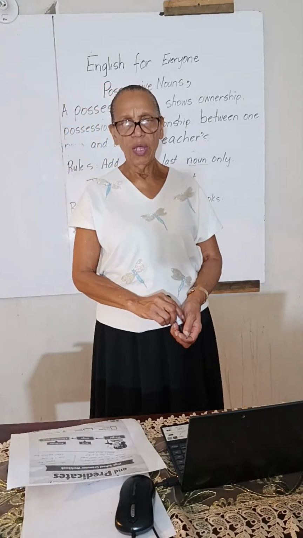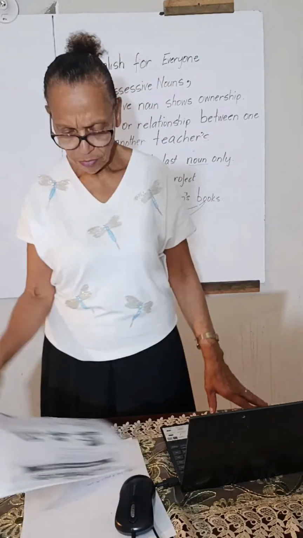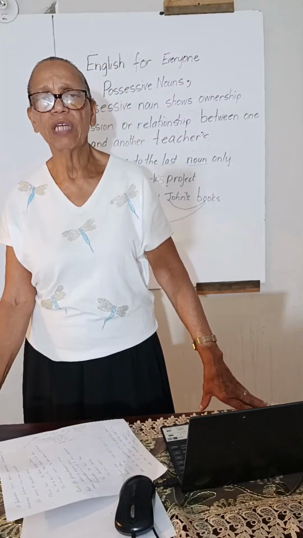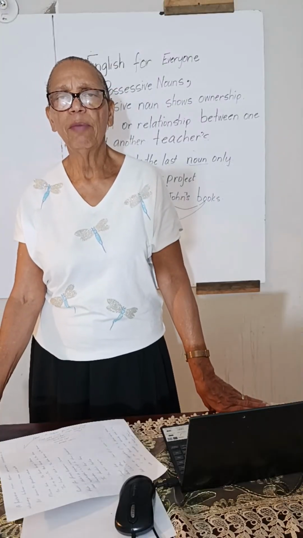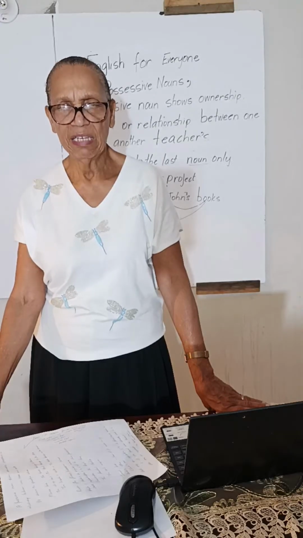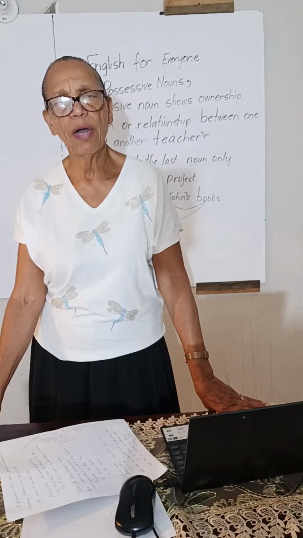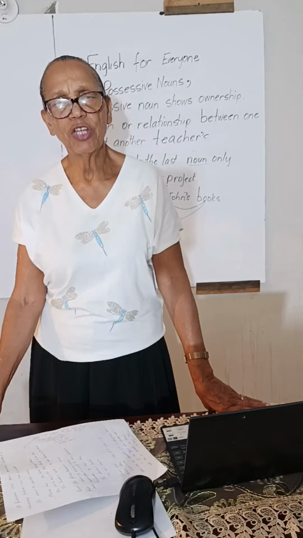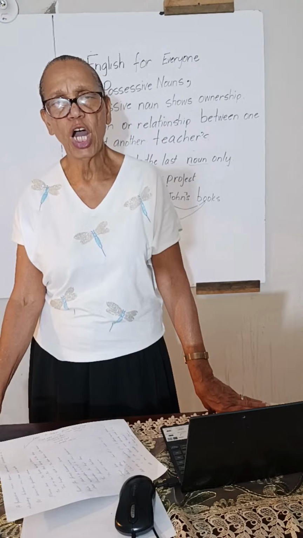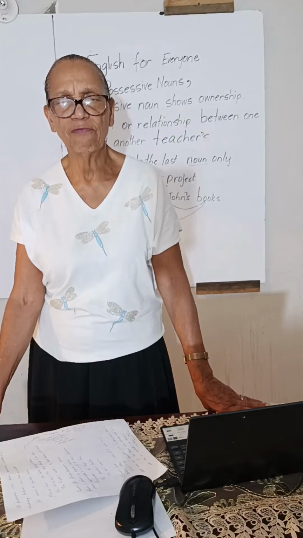All right, so let's go over it again. We're just going to revise. We are talking about possession. We're talking about nouns. We said there are 6 types of nouns: proper nouns, common nouns, abstract nouns, collective nouns, singular and plural nouns, and so this evening we are looking at possessive nouns.